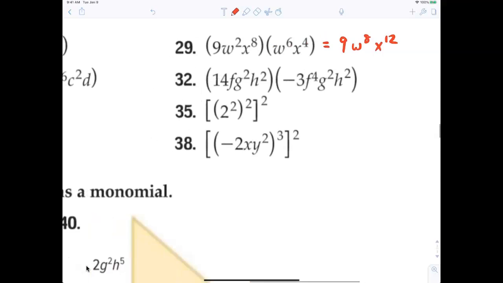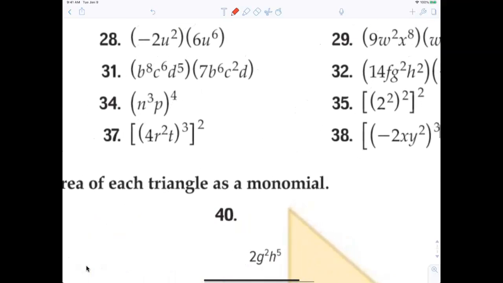All right. 31. 7b to the 14th. c to the 8th. And d, we did, d to the 6th. I'm happy with that. Everybody good?